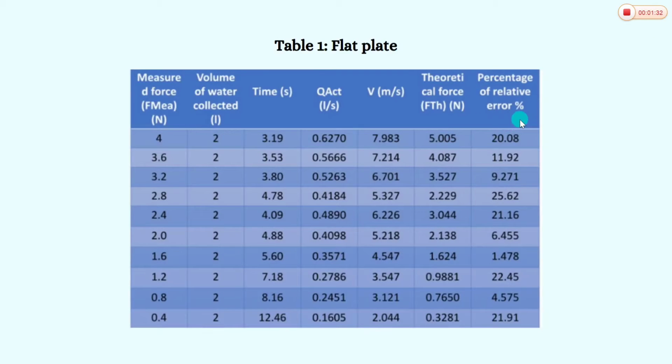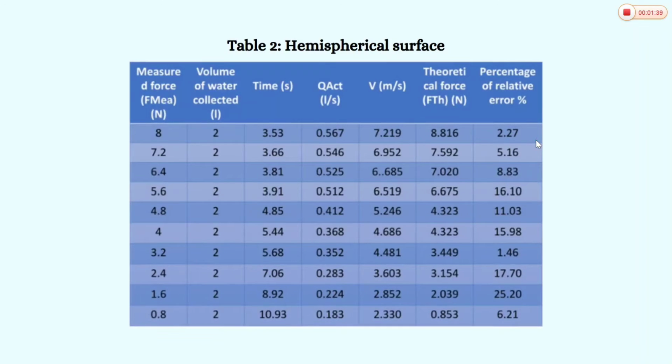This is the percentage of relative error that we get. For the second table, for the hemispherical surface, it is also the same, but the theoretical force equation is 2 rho A V squared.